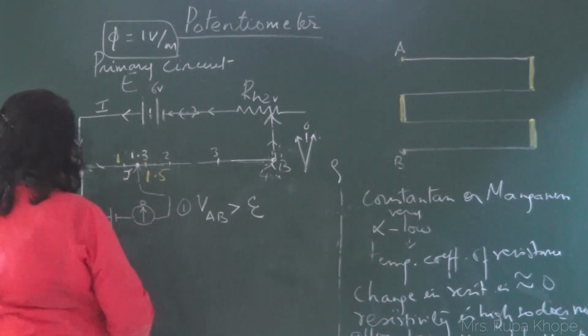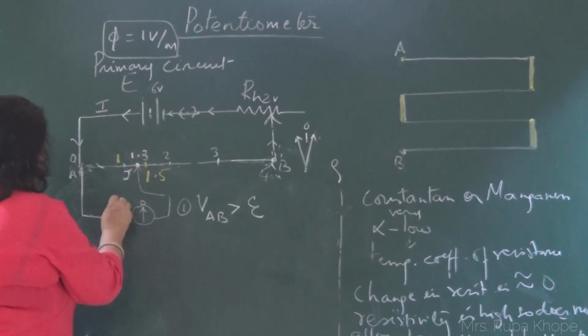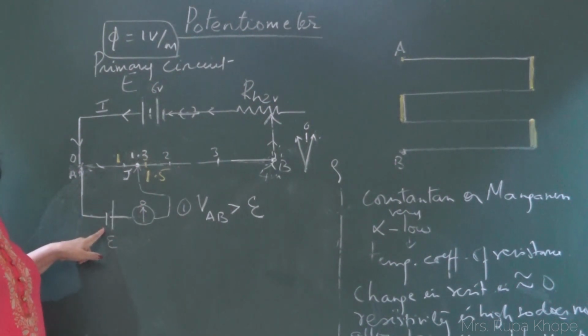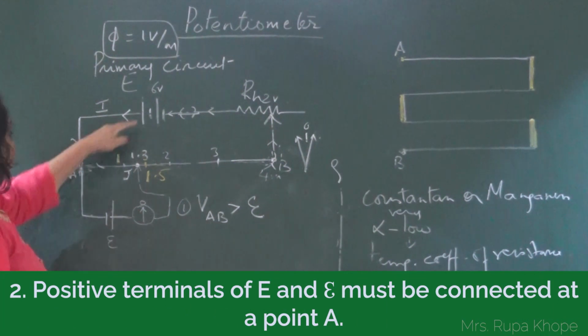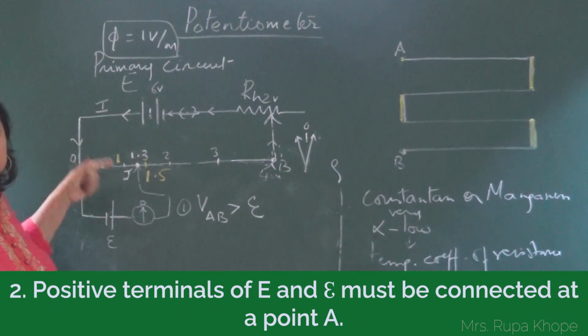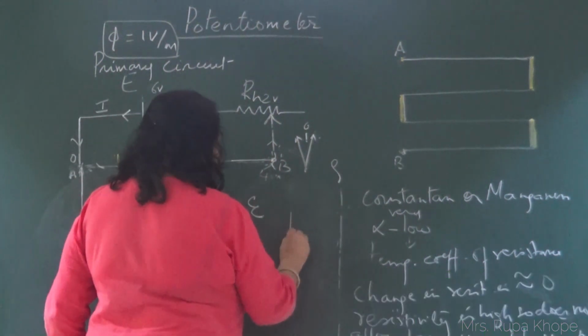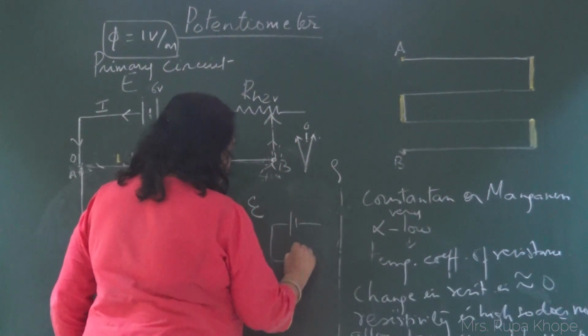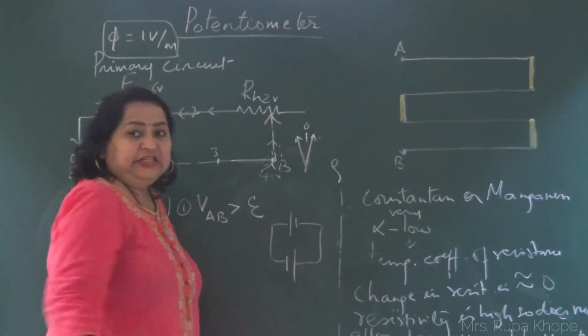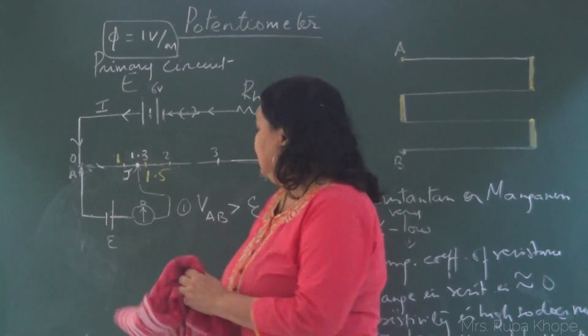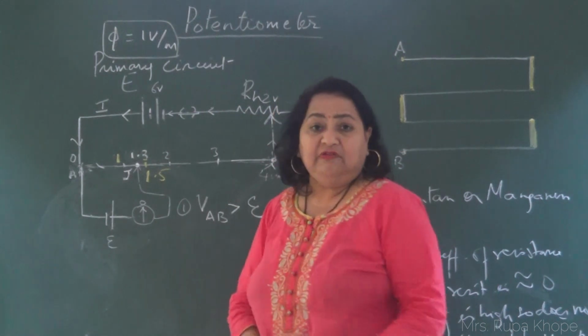And the second condition is, you should not connect this way. If you connect negative to this positive, they will assist each other, positive negative and negative positive. And if they assist each other, then we will not get a null point on the wire.